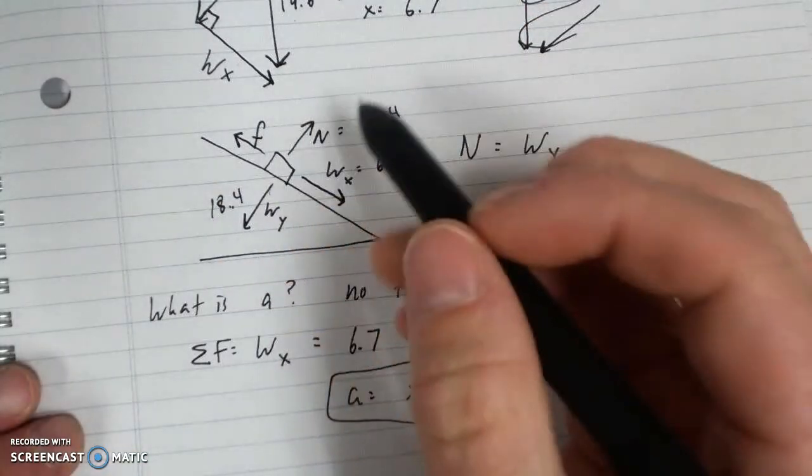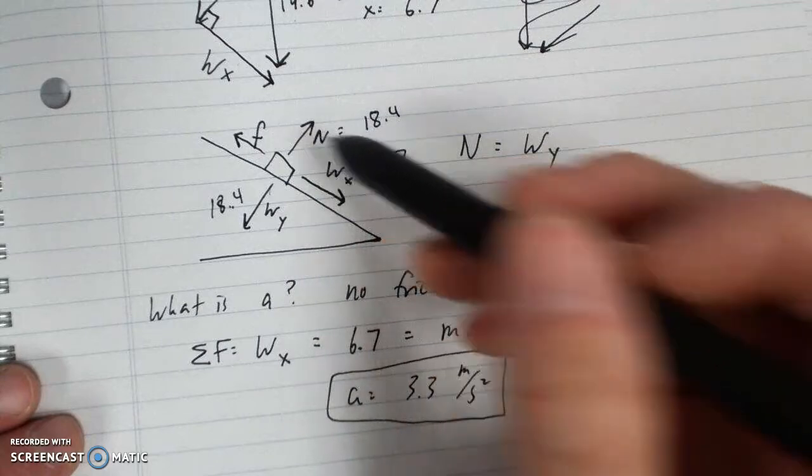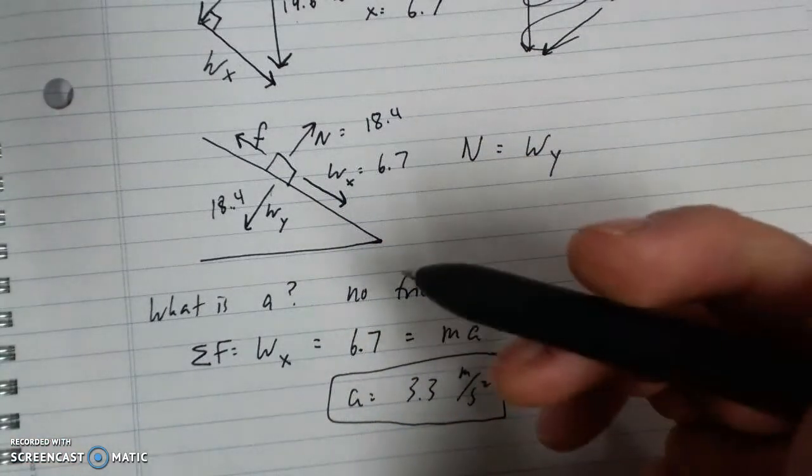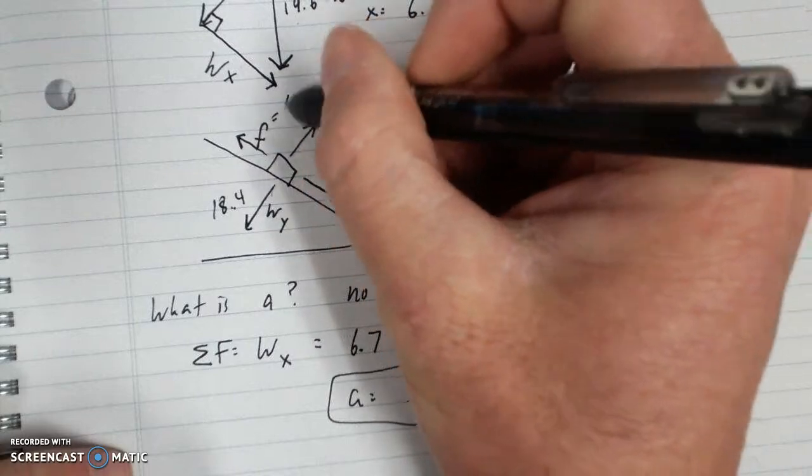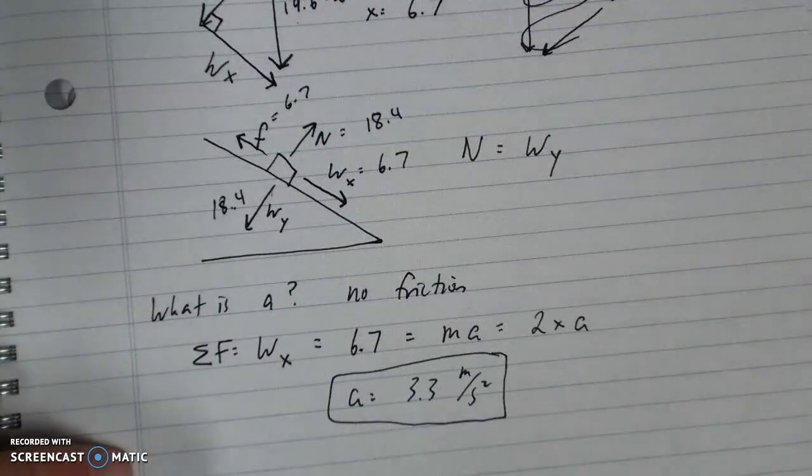I'm also showing a frictional force here, which if this block is just sitting there and not moving, would equal 6.7. It would equal the weight force in the x dimension. Friction's holding it from sliding down the ramp. So this explains why we can't just use the weight of an object to calculate friction.